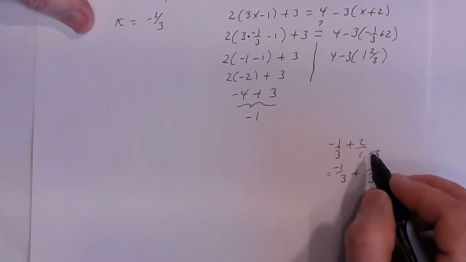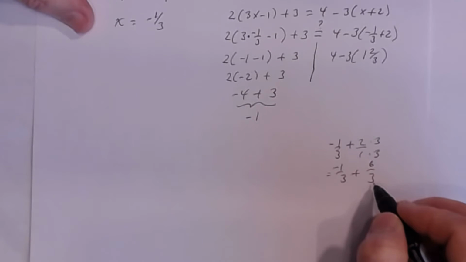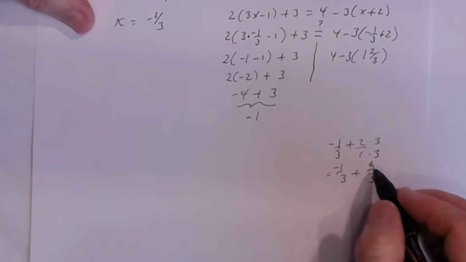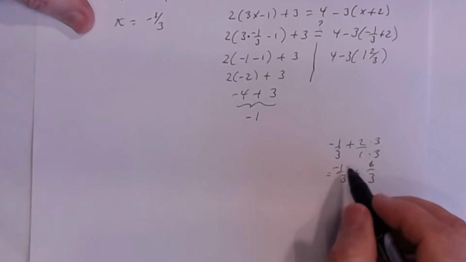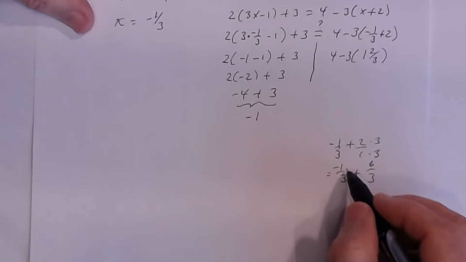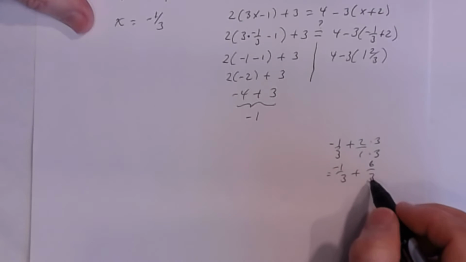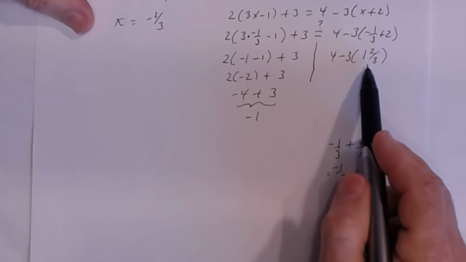Remember what you do to the denominator, you have to do to the numerator. 2 times 3 is 6. So it makes sense that this has to be 6 divided by 3 because 6 divided by 3 is 2, and that's what this is. So now I can easily add these two fractions. They have the same denominator. So negative 1/3 plus 6/3 is 5/3, and that's what 1 and 2/3 is.